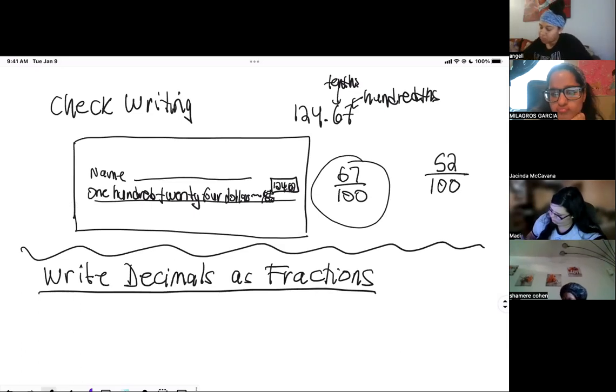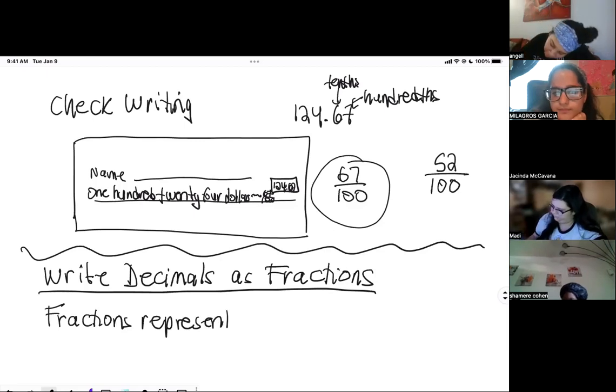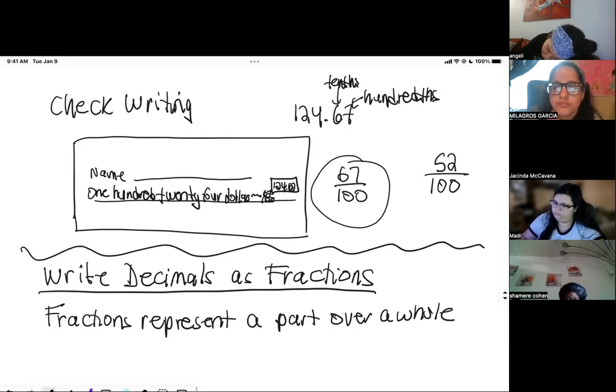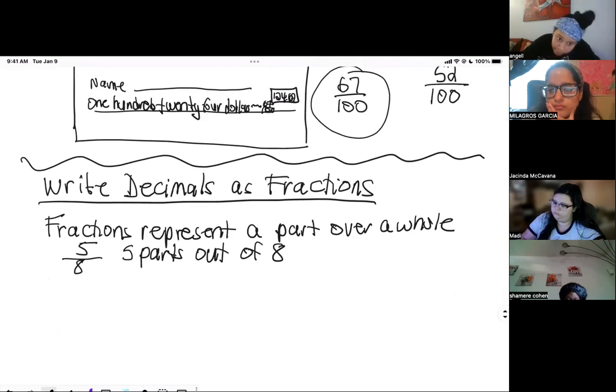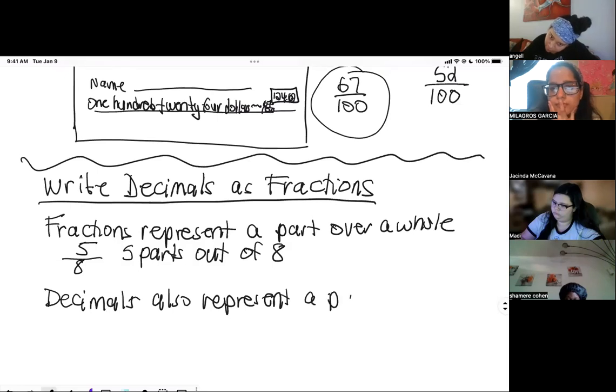Now, just like a fraction, we talked about fractions. Fractions represent a part over a whole, right? So if I say 5 out of 8, I have 5 parts out of 8. Well, decimals are the same thing. Decimals also represent a part of a whole.